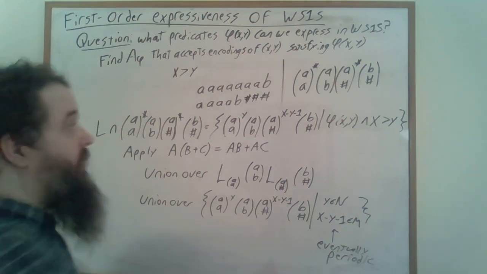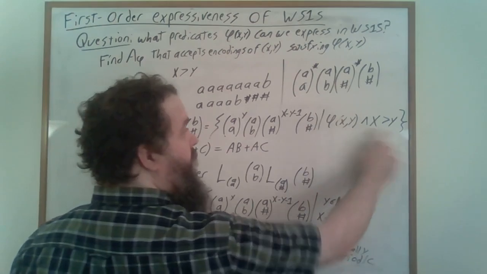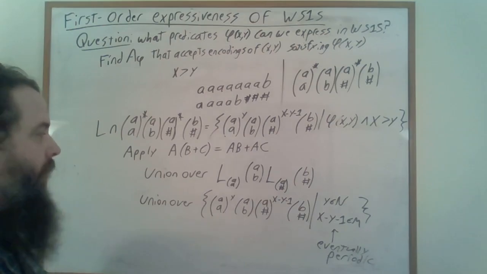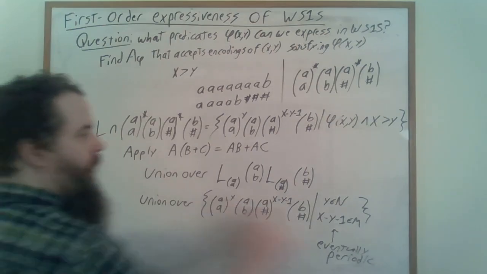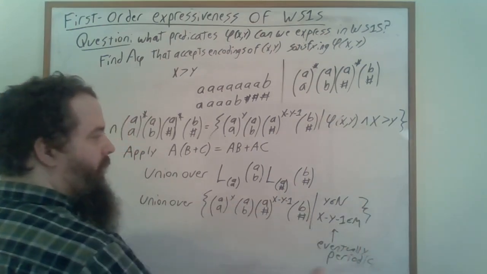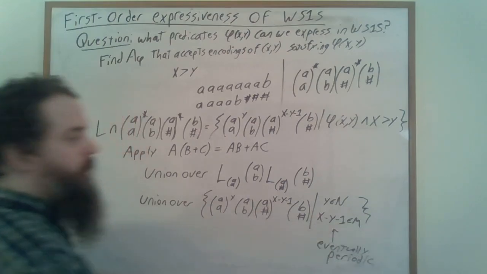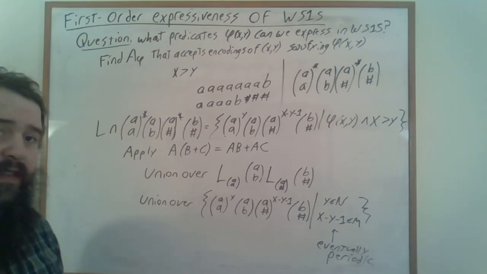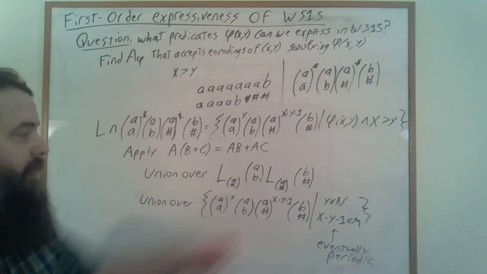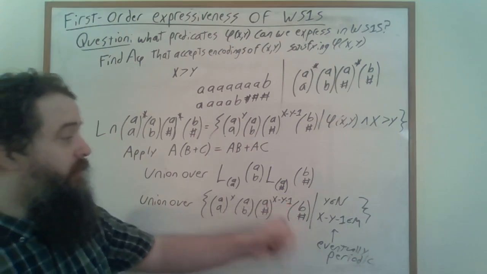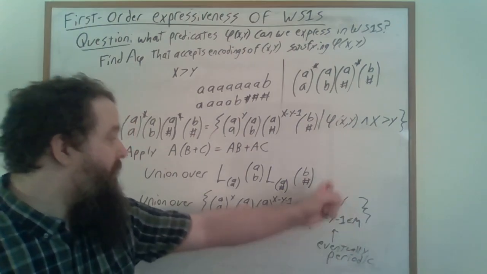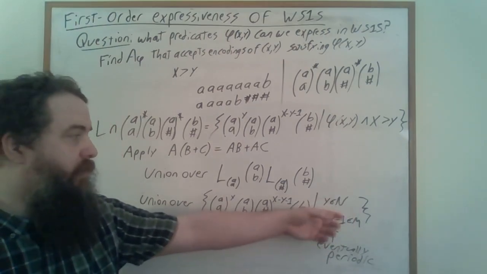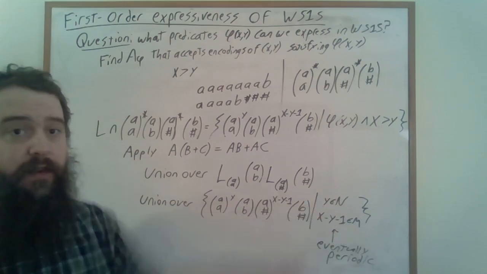In other words, we can express phi of xy with x greater than y as some sort of Boolean combination of requirements, either that y be in some eventually periodic set or that x minus y minus 1 be in some eventually periodic set. And this is just another way of expressing the requirement that x minus y minus 1 falls into some eventually periodic set depending on which of a possible number of eventually periodic sets that y falls into.